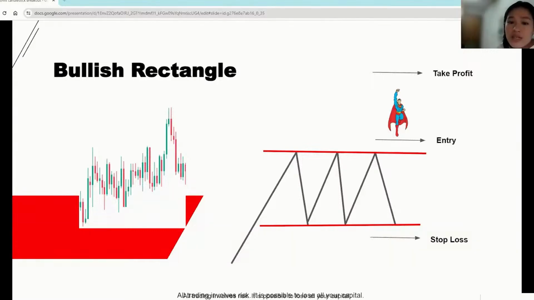So in this case, since it's a bullish rectangle, we would then continue to buy in a bullish trend when the price rises above the flag's upper boundary. Upper boundary basically means this line here. Once it rises above the triple swing highs here. Or if we're looking at the price chart, as long as it rises above this swing high.